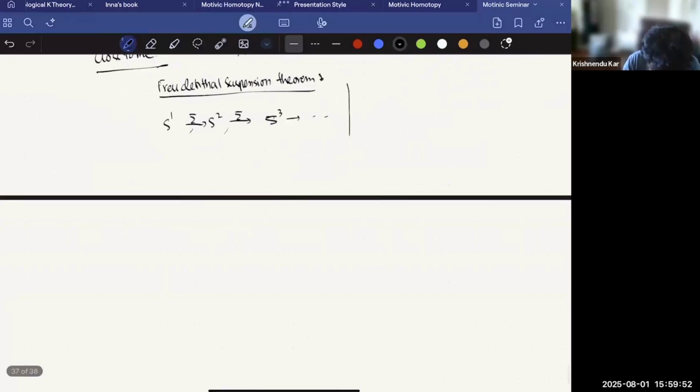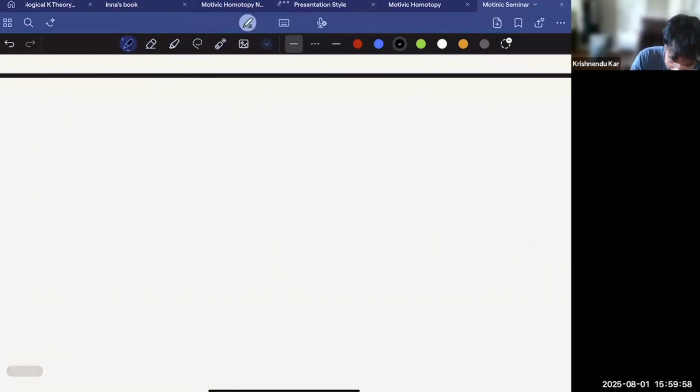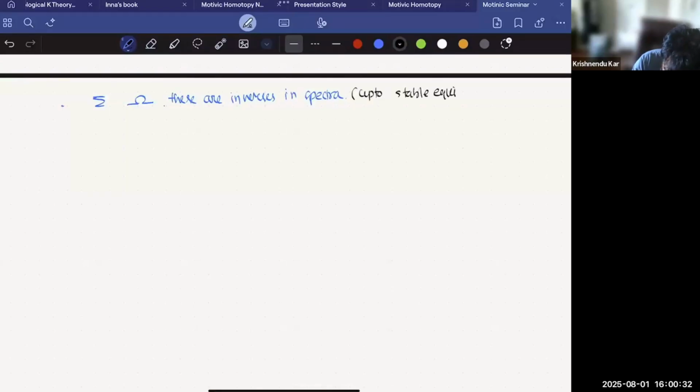Let me fulfill what I promised in the beginning, that suspension and loop are inverses of each other. Let's first show that. Suspension and loop are inverses in spectra, up to stable equivalence.